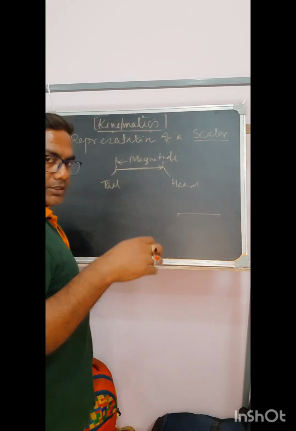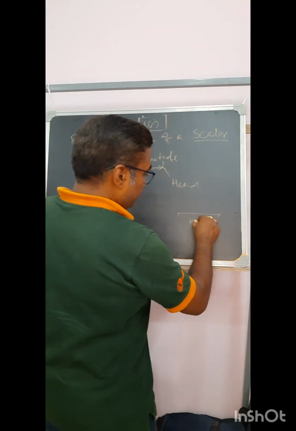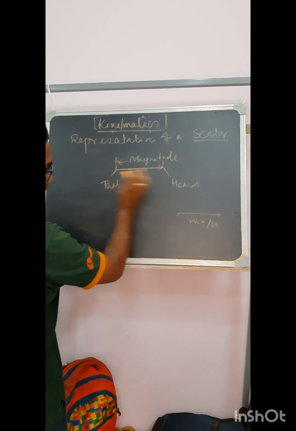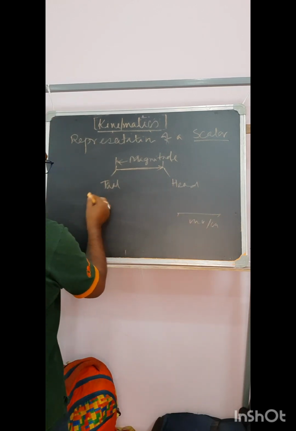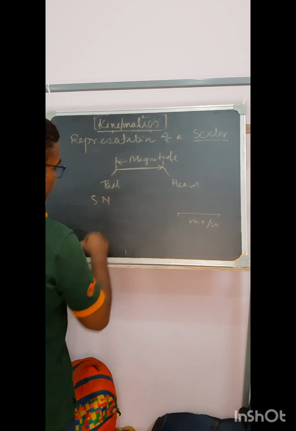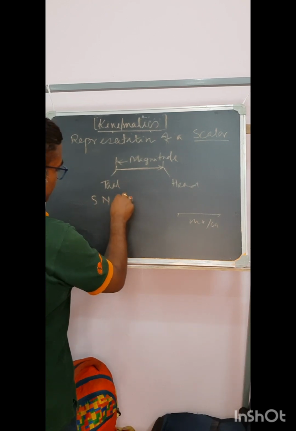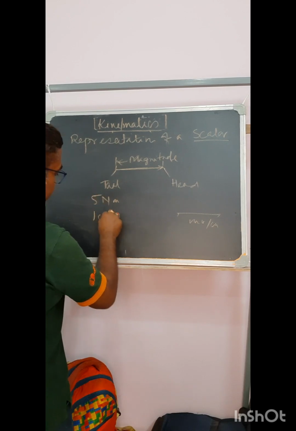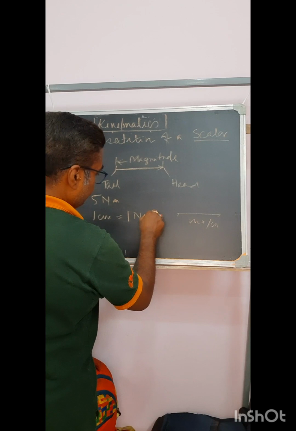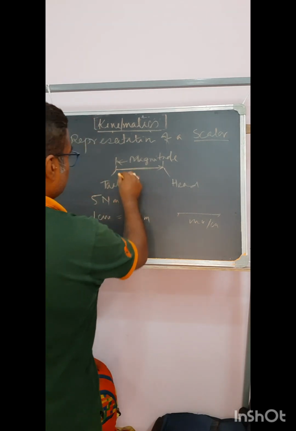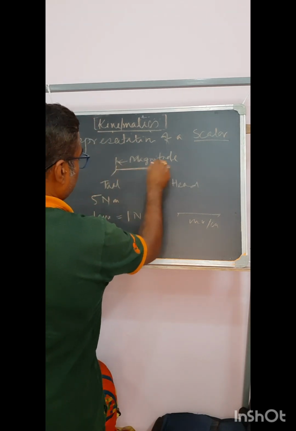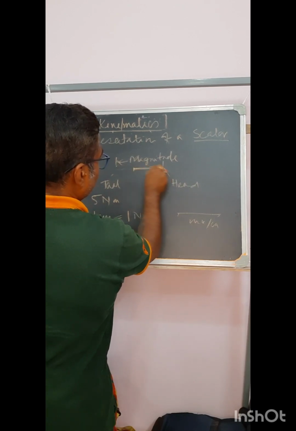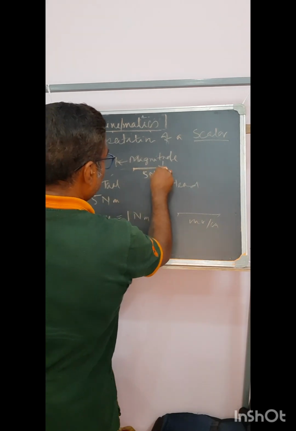A scale doesn't have any mark other than millimeter or centimeter. So we have to calculate the proportionate value of that vector. Let's say 5 Newton meter. If 1 centimeter is assumed to be 1 Newton meter, then a vector of 5 will be 5 centimeters in length, and this will denote 5 Newton meter.